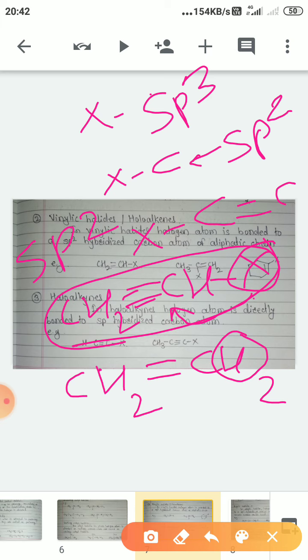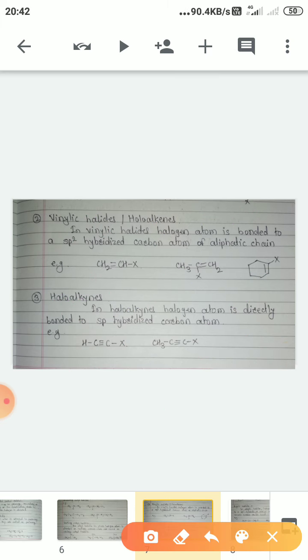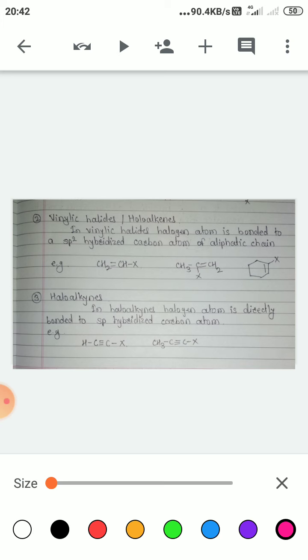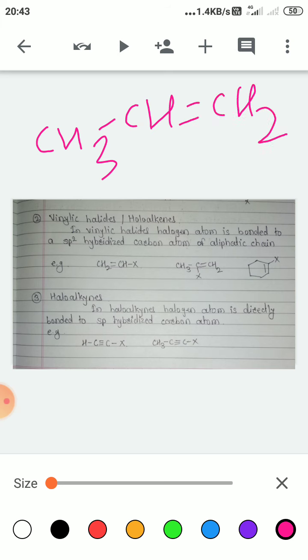Okay, now consider the example of propene, that is CH3 CH double bond CH2. And if we replace any one hydrogen of this carbon-carbon double bond, then we'll get vinylic halides.